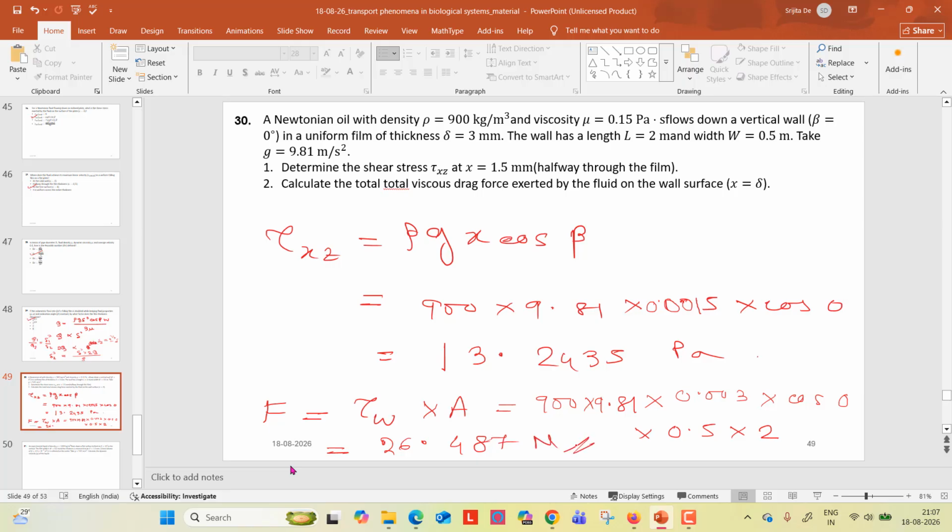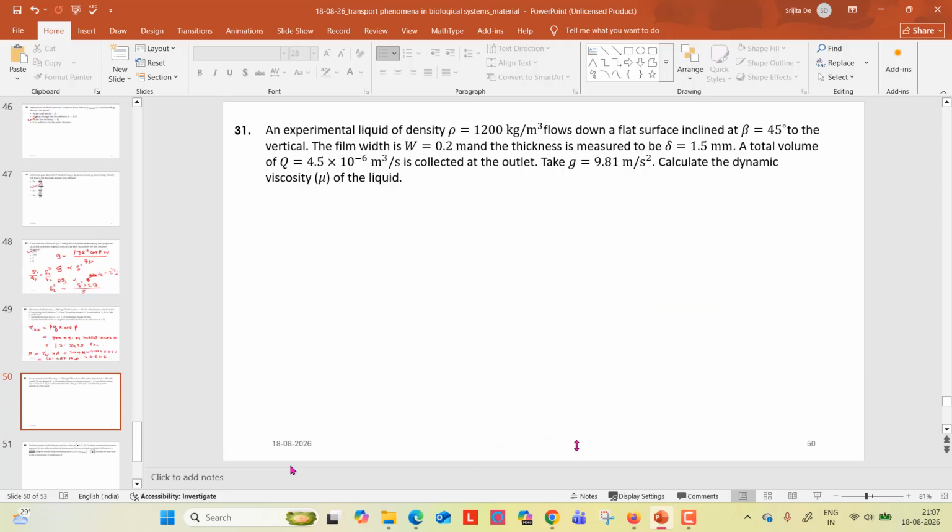Next, an experimental liquid of density rho flows down a flat surface inclined at beta equals 45 degree to the vertical. The film width is W and the thickness is measured to be delta. A total volume flow of Q is collected at the outlet.